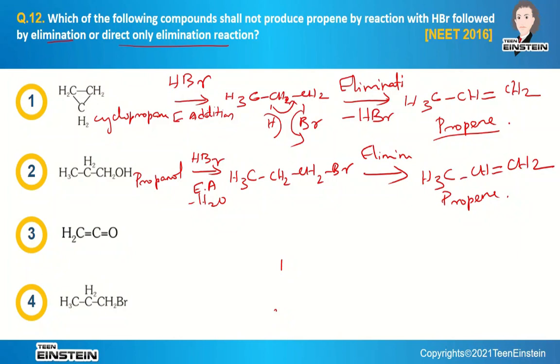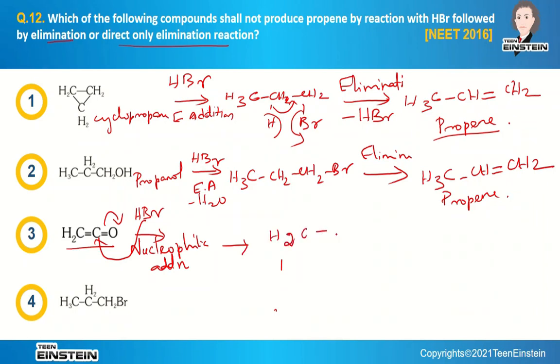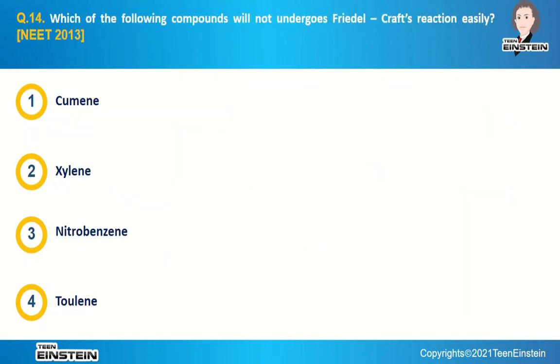So next, come to the third option. Here the given compound reacts with hydrogen bromide. Here nucleophilic addition takes place and we get CH2 double bond C bromine, here OH.